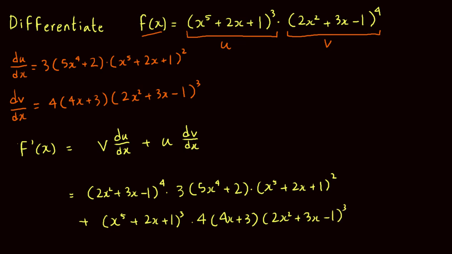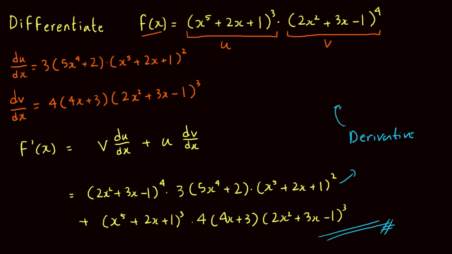So with that being said, that would be our final answer. Of course, you can simplify it if you like, but since the question doesn't require simplifying, I just want to find the derivative. So this is our derivative, right? And if you have noticed, we've actually used two rules.